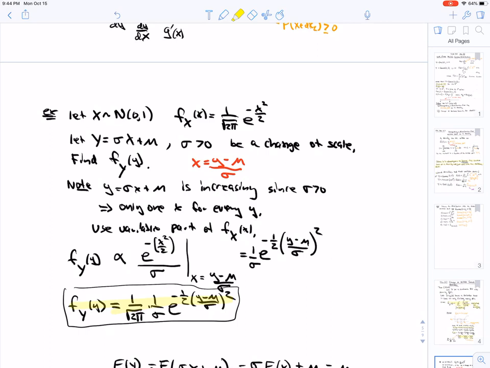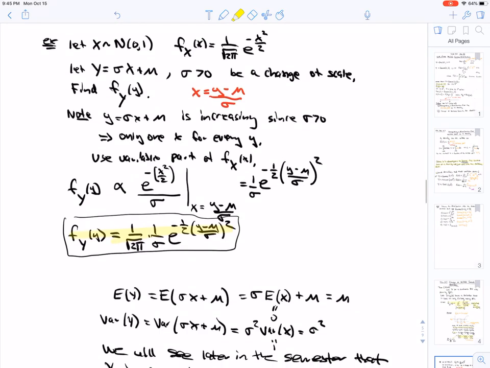And that gives me 1 over sigma e to the minus 1/2 y minus mu over sigma quantity squared. And now to make this a density, I'm going to stick back the constant that I omitted in the beginning, which was 1 over the square root of 2 pi. I'm just going to put that back, and voila, you have the density of y.